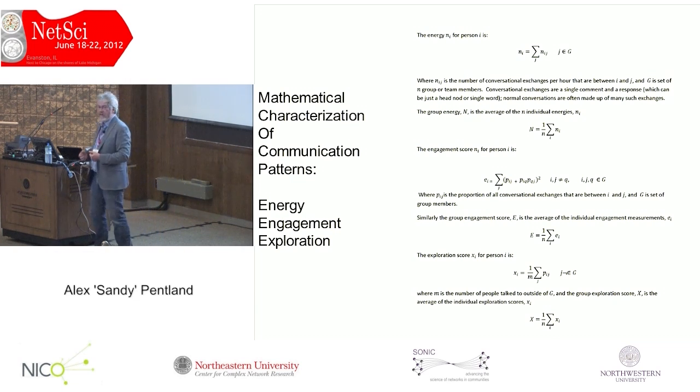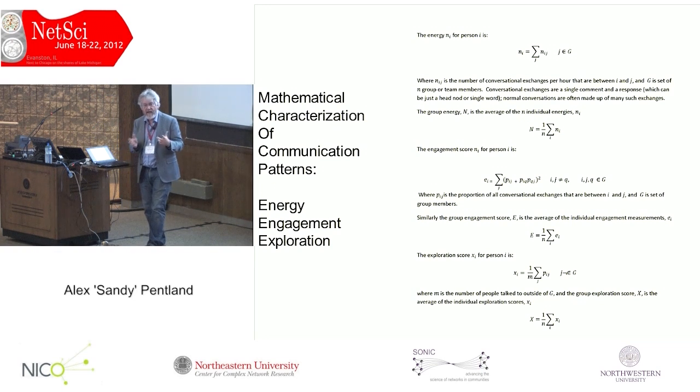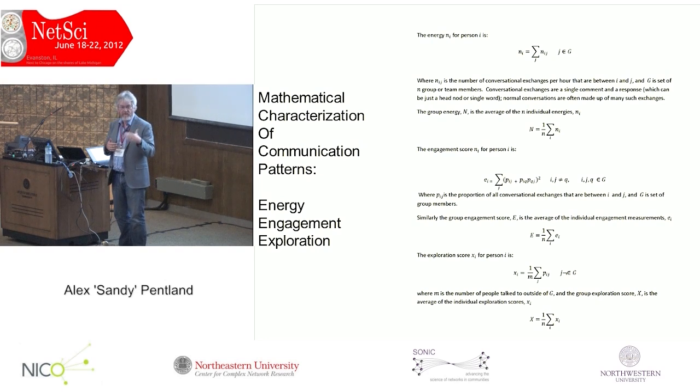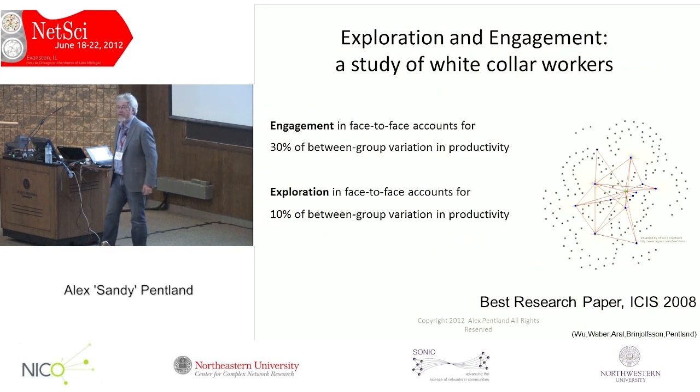We do them slightly differently than other people, but they relate to the amount of communication, which we call energy; something that has to do with network constraint, which you're familiar with and is related to Q, which Brian Uzzi has looked at, which we call engagement, though it's slightly different; and something that we call exploration, which is like path length, like information harvesting. They have very simple mathematical formulations, but they have nothing to do with the content. We're just looking at the pattern of face-to-face communications within an organization. And this is the typical result that we get.